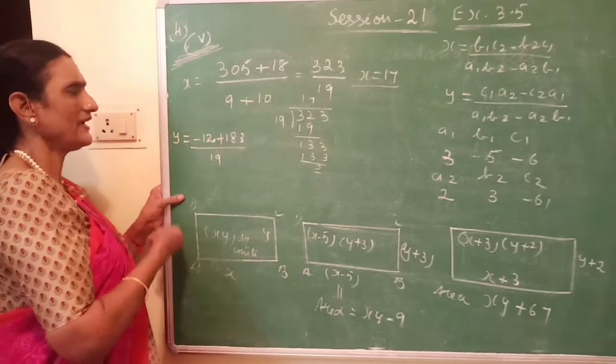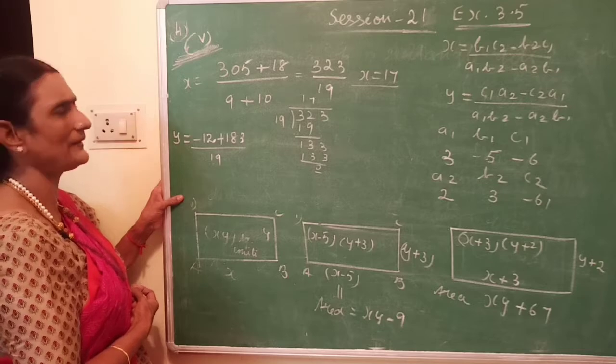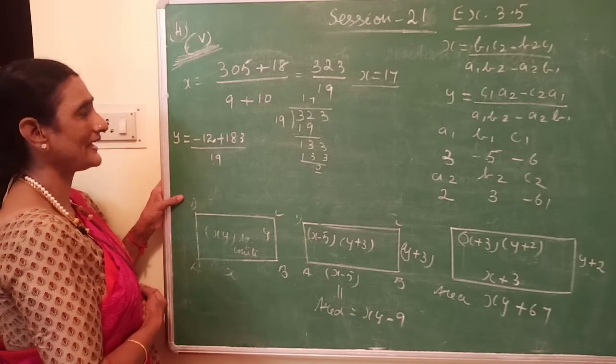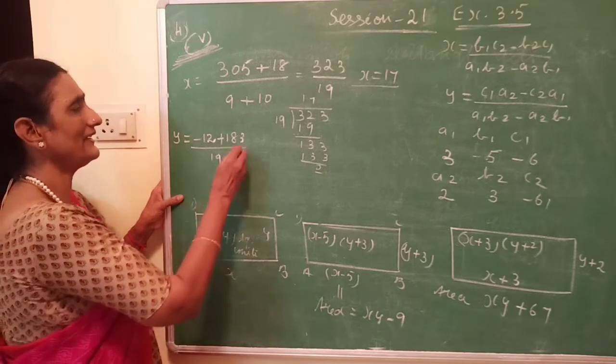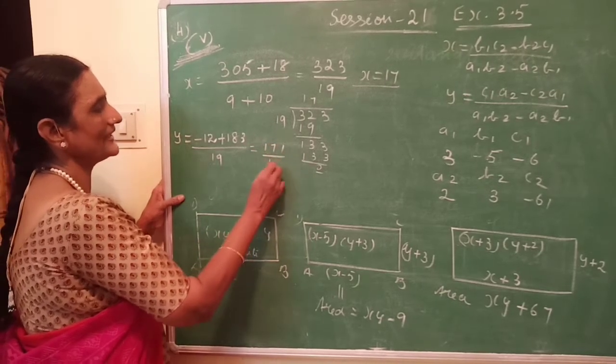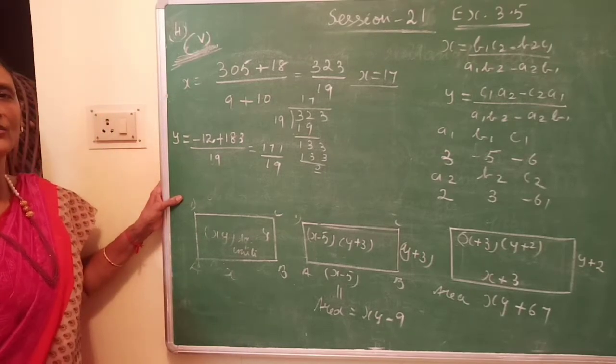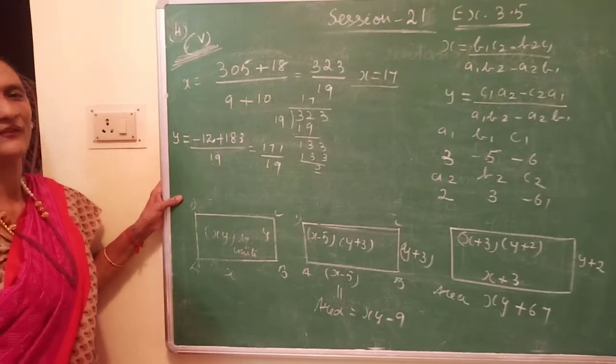Then what will you get? 183 minus 12 gives you what? Can anyone tell me this answer correctly? Yes, it is 171 by 19. Now how many times? 19 into 9 gives you 171.